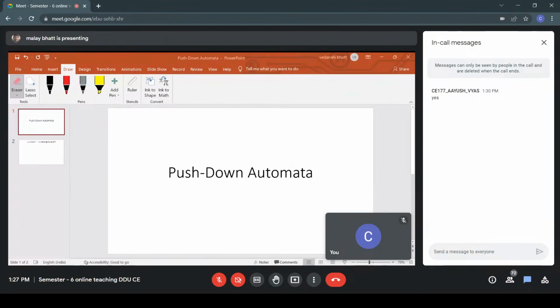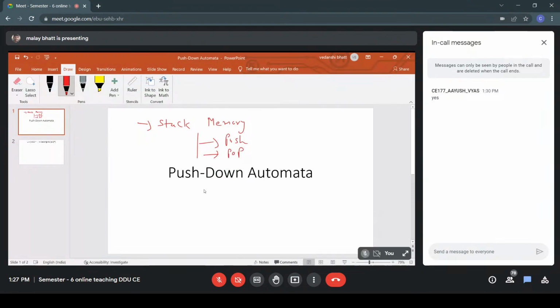So basically in case of finite automata, as we know, we are not using any memory at all, while in case of pushdown automata we are using a memory, and that is known as a stack memory. In case of a stack we have two operations: the first one is the push operation, another is the pop operation.